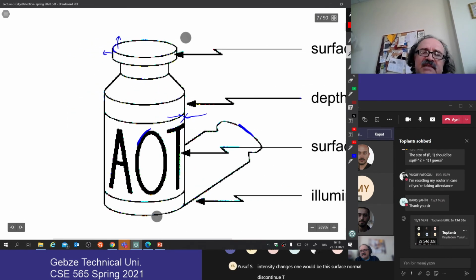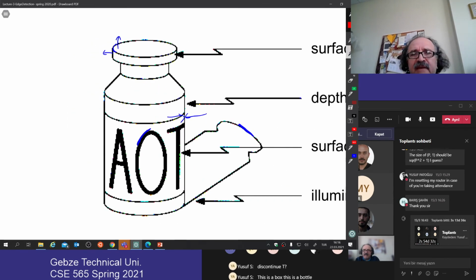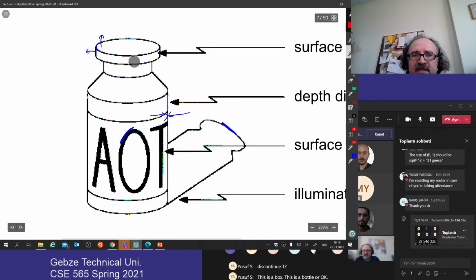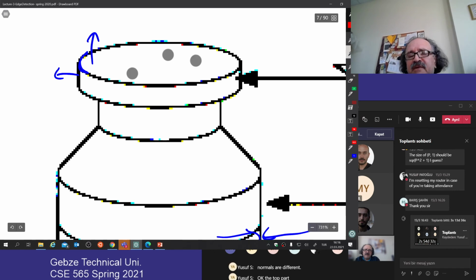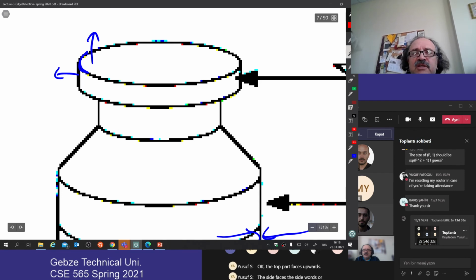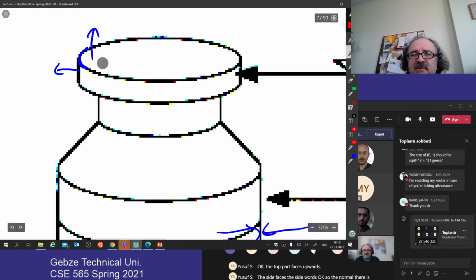This is a box, this is a bottle. This is the top part of the bottle, the cover of the bottle. This is the same material as this material, but their normals are different. The top part faces upwards, the side faces sidewards. So there is a normal difference between them.